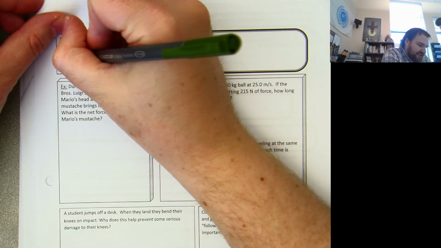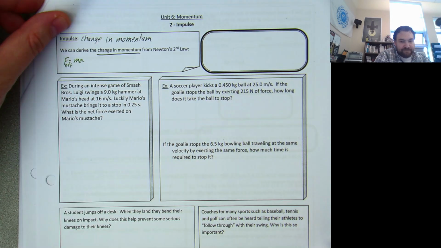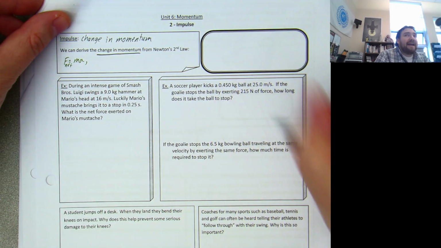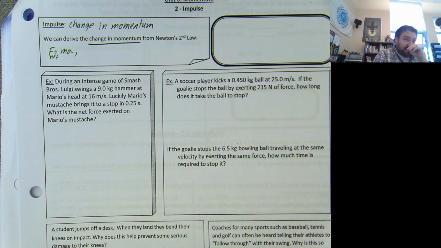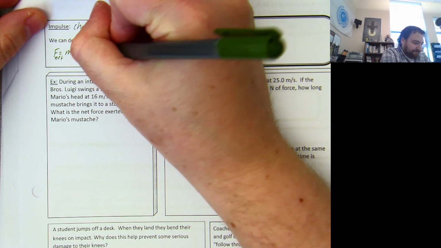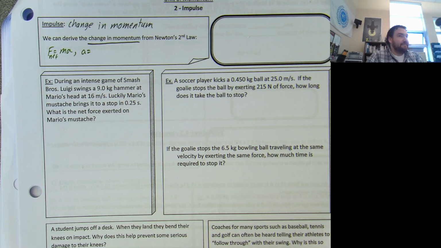So Newton's second law starts here. We're going to go the other way. F net equals ma. But way back in kinematics, I gave you a definition for the acceleration of an object. Way back in chapter 2, what was the definition for an acceleration?